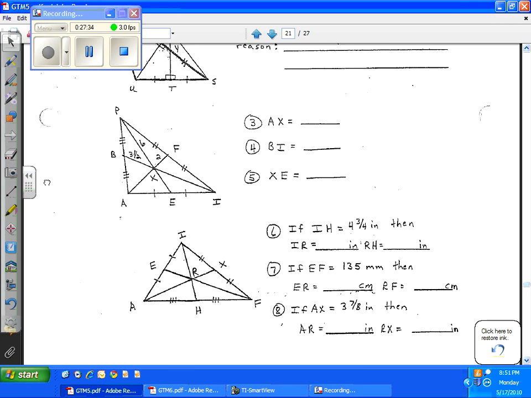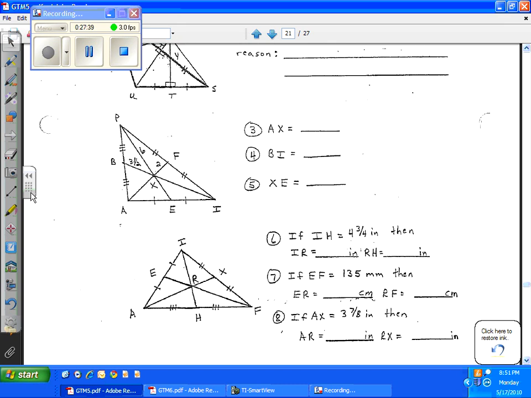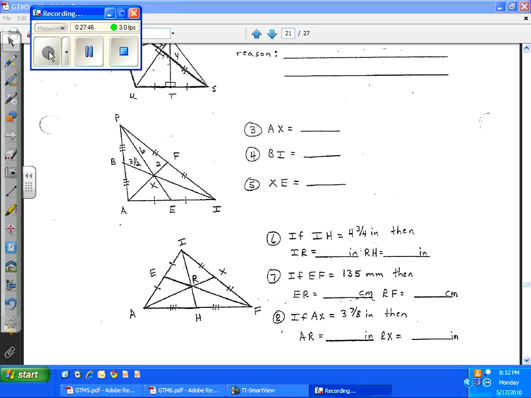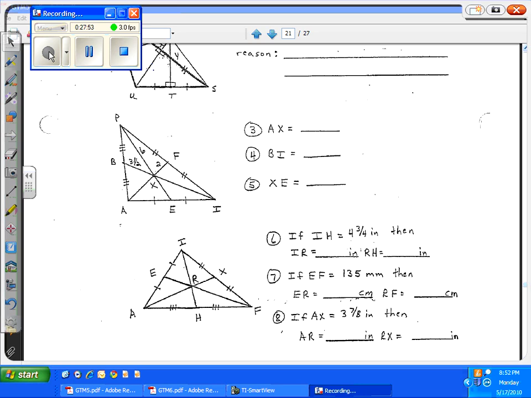All right, next picture. What's drawn here are the medians. A segment from a vertex to the midpoint of the opposite side is called a median.